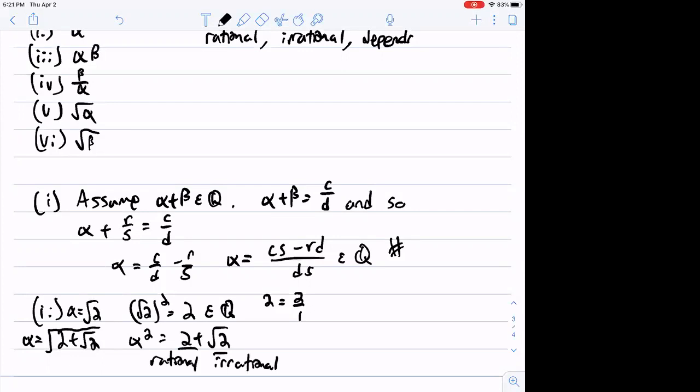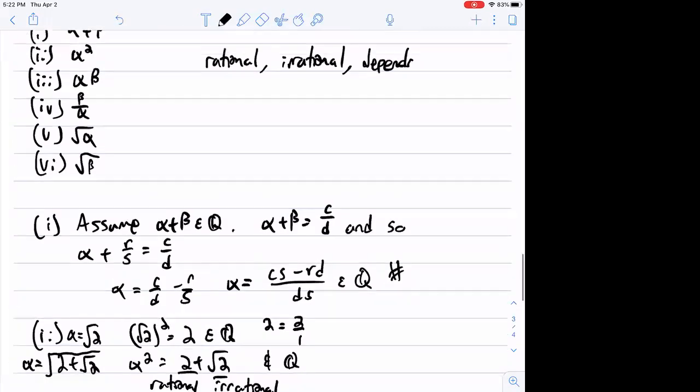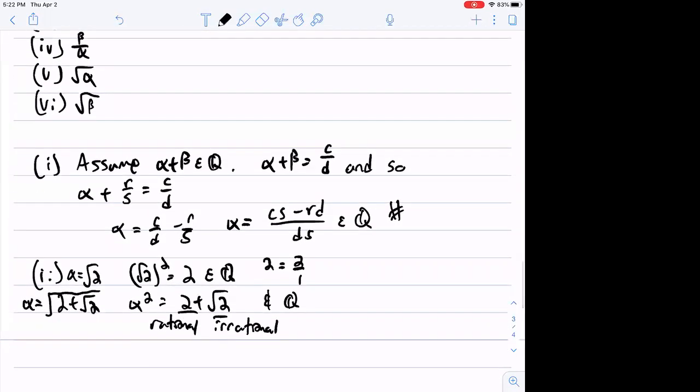And from part I, rational plus irrational is not in Q. We said that it's not rational. So this one depends, right? Let me box the answers. So this one is irrational.